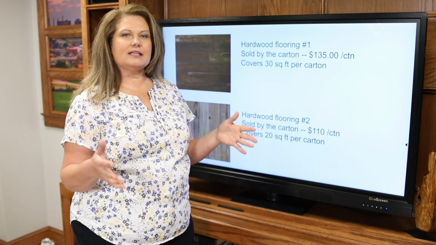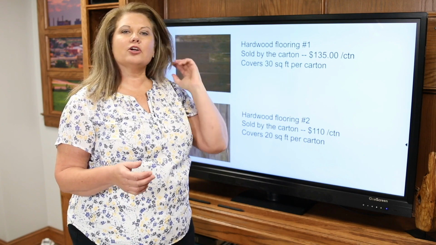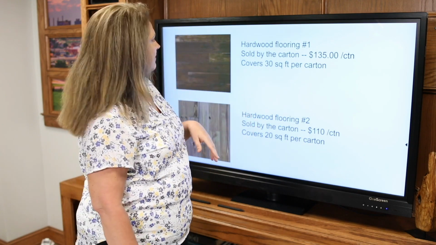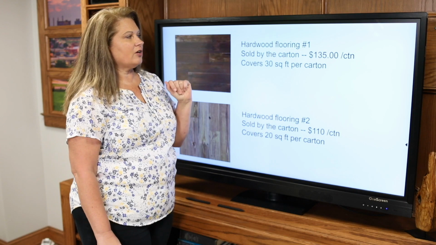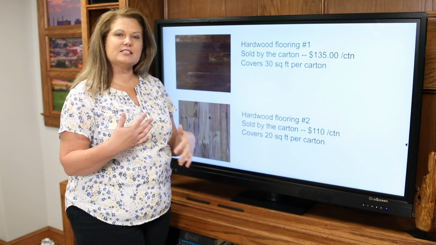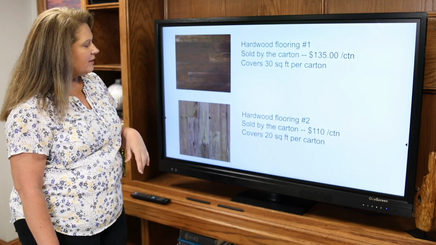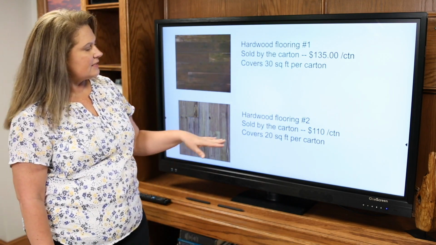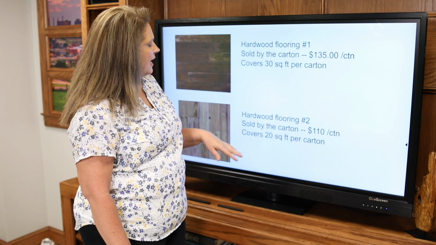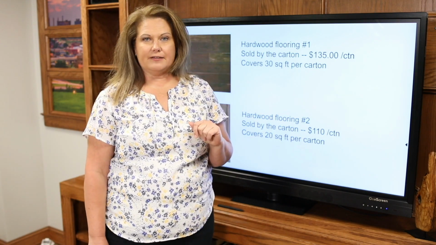Now, 30 square feet is not a big space. You're going to need lots more flooring. And at $135 a carton, you're not going to want to spend more than what you absolutely need. So hardwood flooring number 2 is also sold by the carton. It's $110, and it covers 20 square feet.